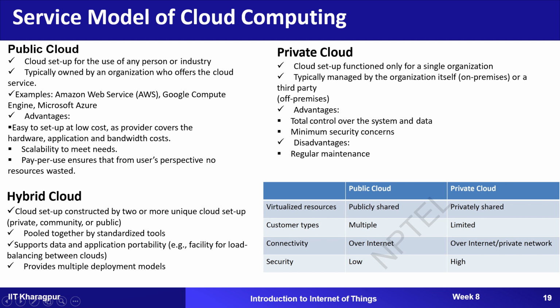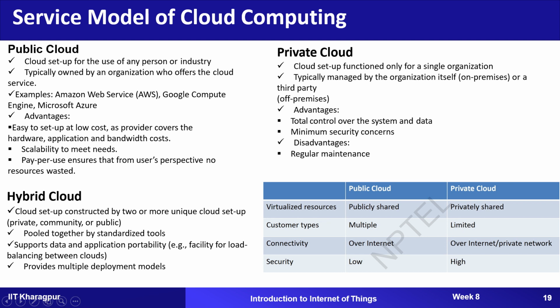The advantages are it is easy to set up at low cost, as the provider covers the hardware and application and bandwidth cost. Scalability to meet the needs, so scalability is there, and pay per use is there. So basically the amount of services or resources you are going to use, and the time for which you are going to use those services, you have to pay for that only.